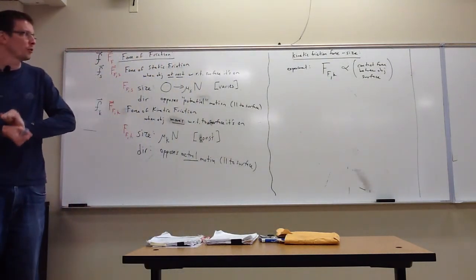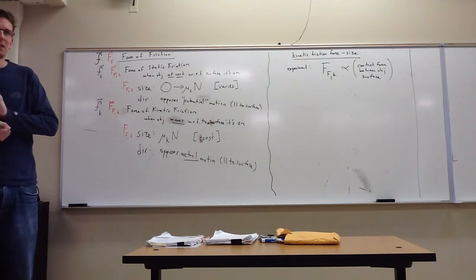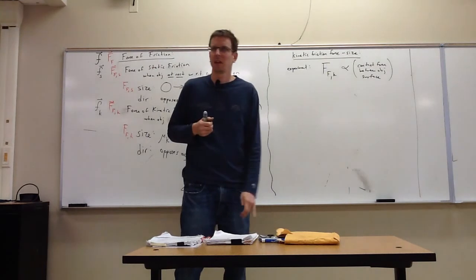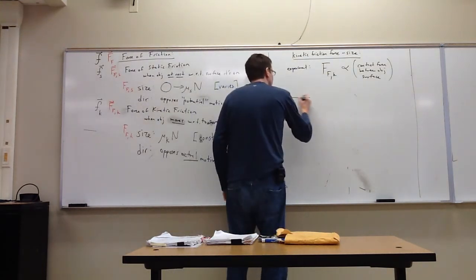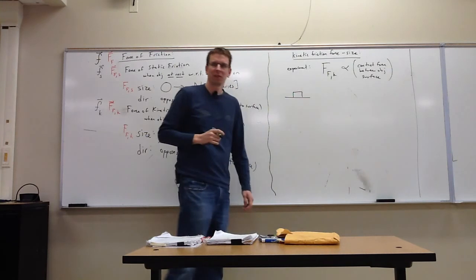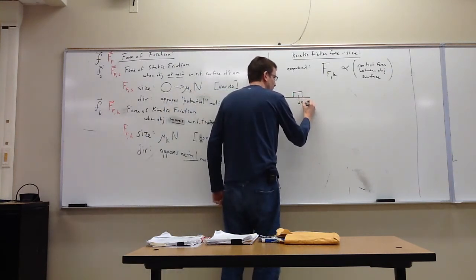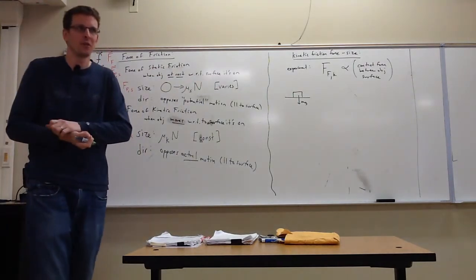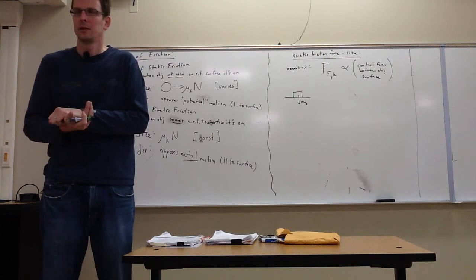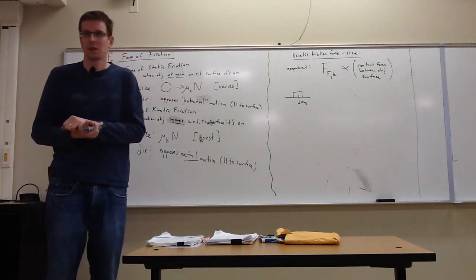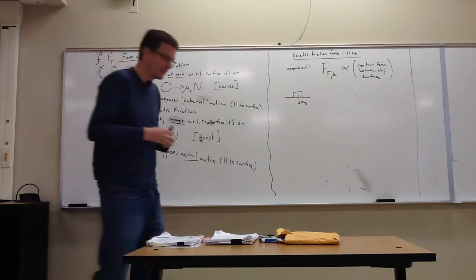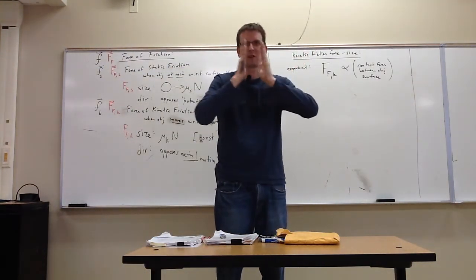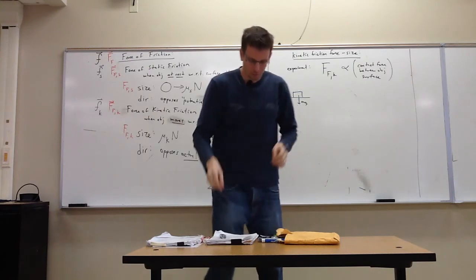Now, we need a meaningful way to quantify how hard two things are pushed together, and we have a perfect quantity to do that. Say we have an object on a surface. One of the forces that very commonly causes contact is gravity. Gravity tries to pull the object through the surface, and in the process creates contact. A common misconception is that gravity is always the contact force. It is in this situation, but if you're doing it sideways, it's not gravity that's driving the contact. It could be other things.